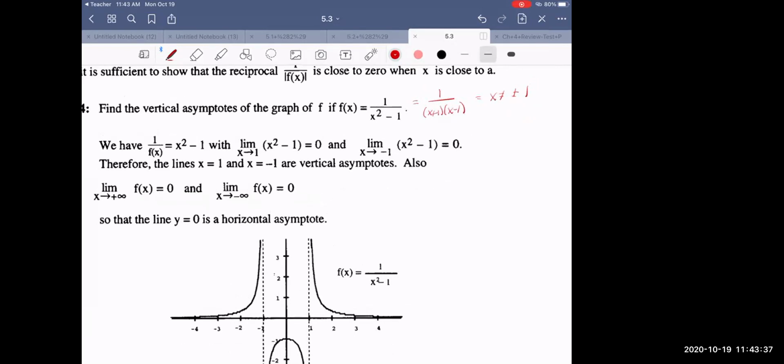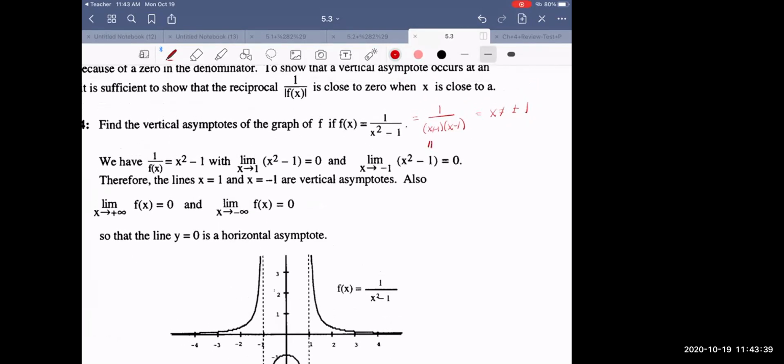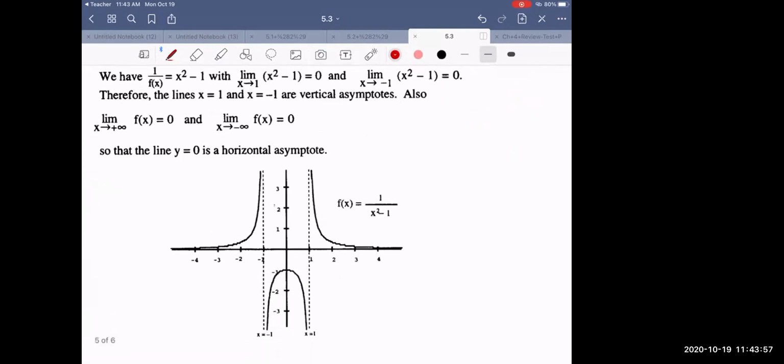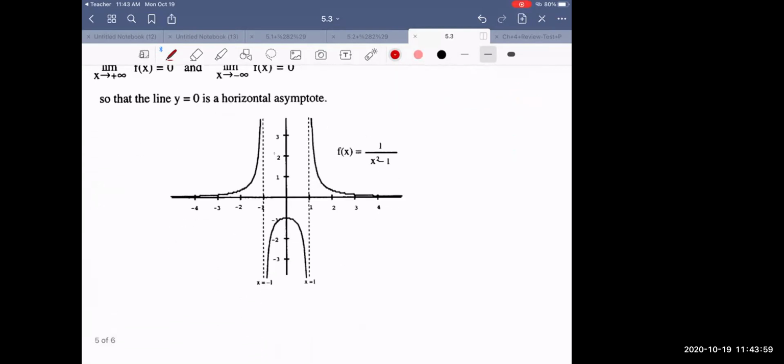And for horizontal asymptotes, the degree of the numerator is less than degree of denominator, so we would expect to have a horizontal asymptote at the line y equals 0. Is that okay? And here's the graph so you can see it. So it's definitely asymptotic along the x-axis.